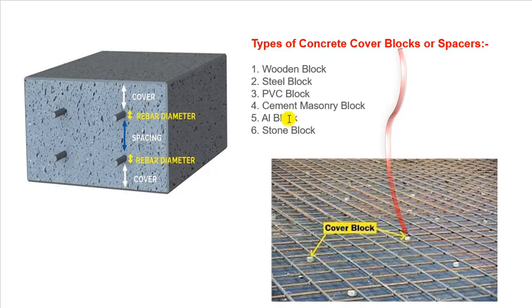But most of the time, on construction sites in Pakistan, India, or Bangladesh, we usually use spacers or blocks made of concrete to maintain the cover between the steel bars and the outer surface of the concrete.